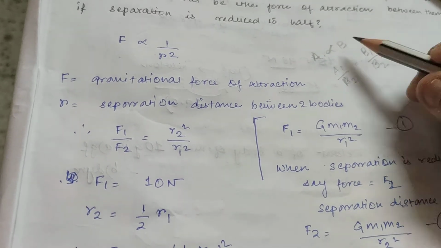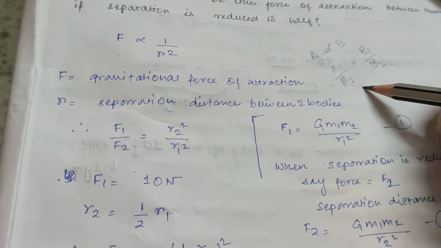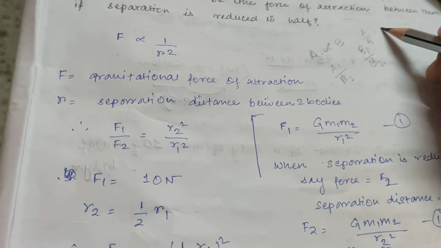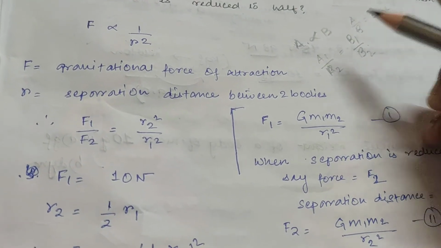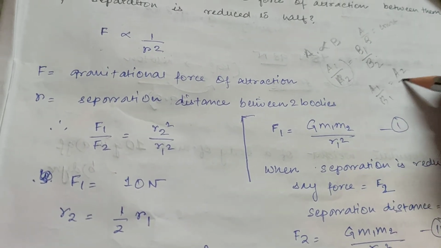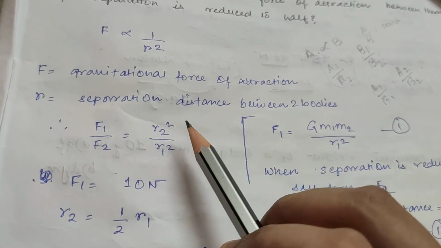How can you write that? Because this means A by B is constant, so you can write A1 by B1 equal to A2 by B2. It's the same. What if they are inversely related?